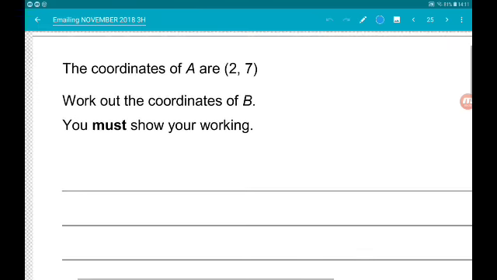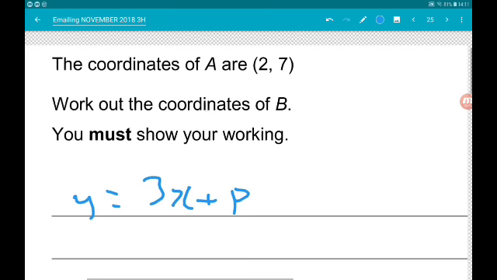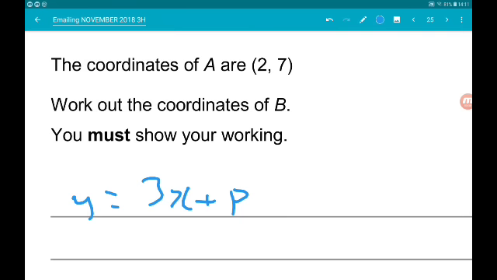So, we know that y is 3x add p, and we also now know that when x is 2, y is 7. So this is going to allow us to find the value of p.